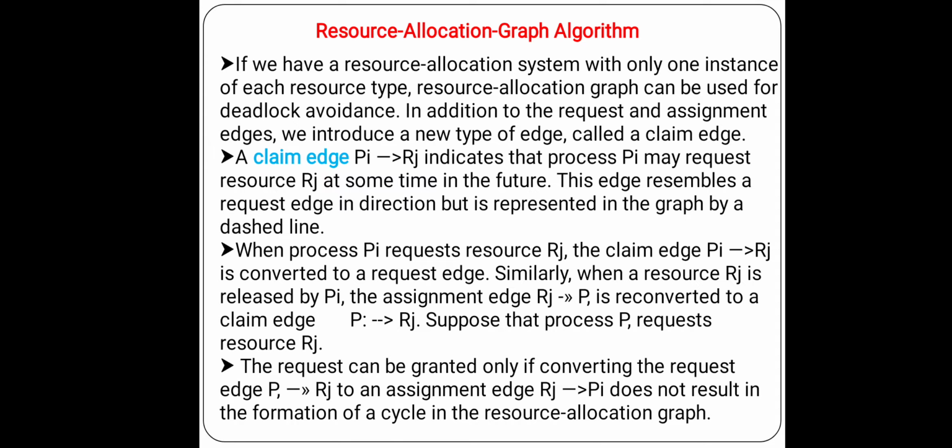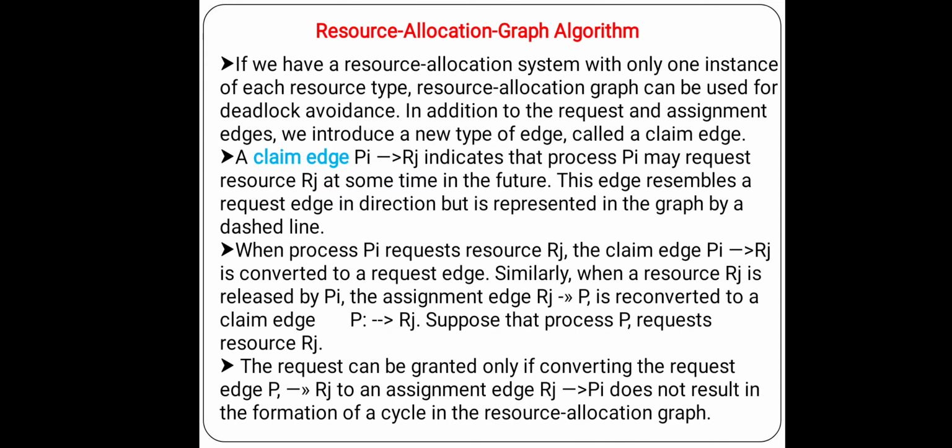One more time: P to R is a request edge, R to P is an assignment edge, and Pi to Rj with dotted lines means the process needs that resource in the near future, right?